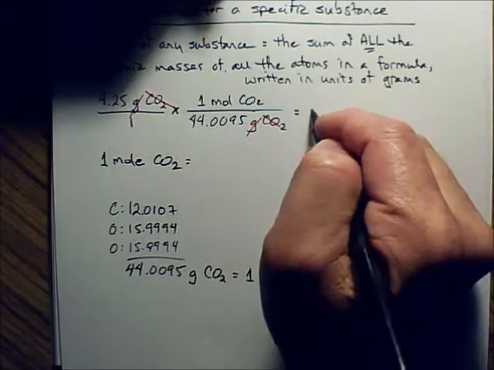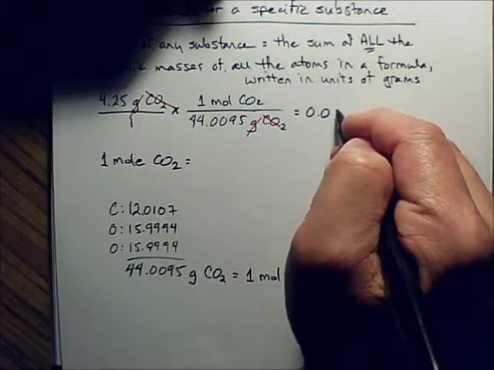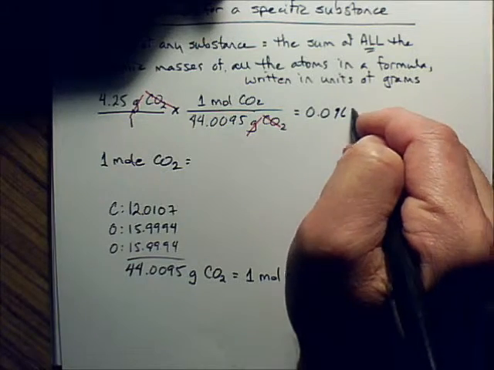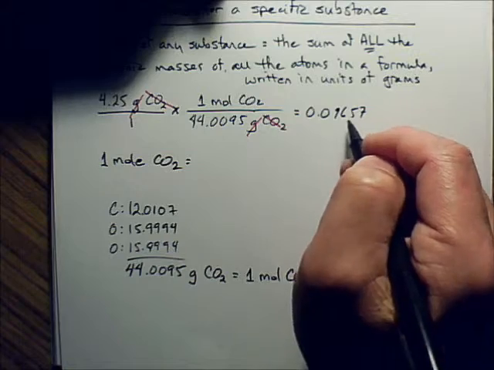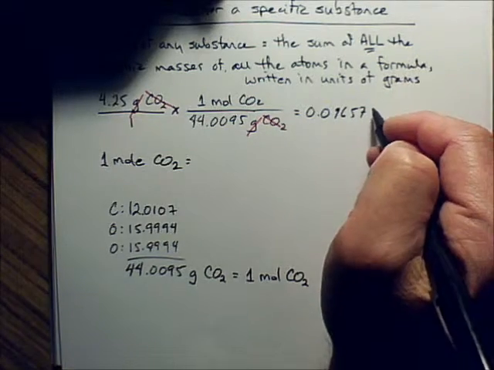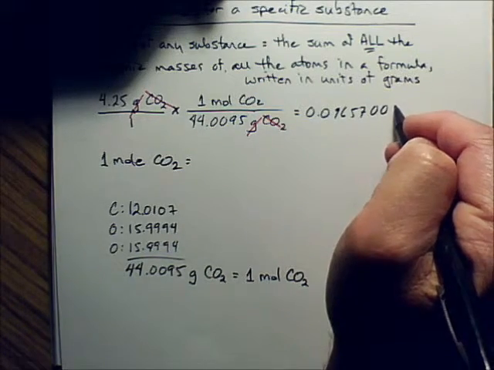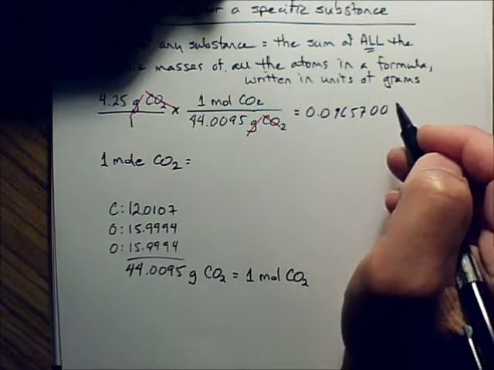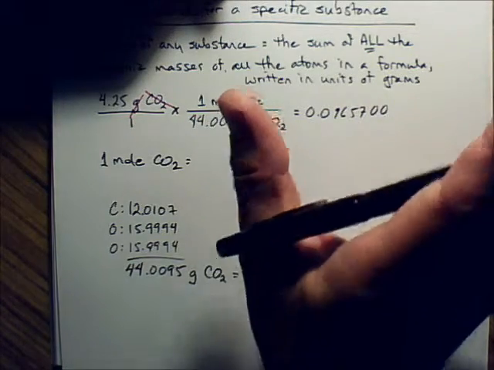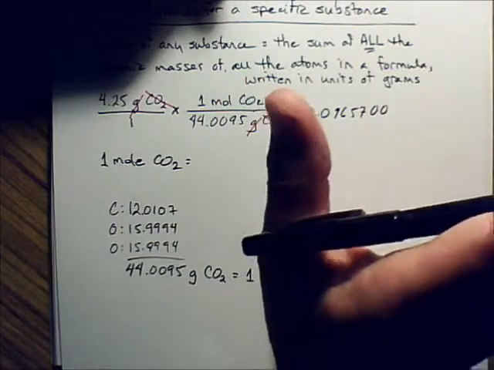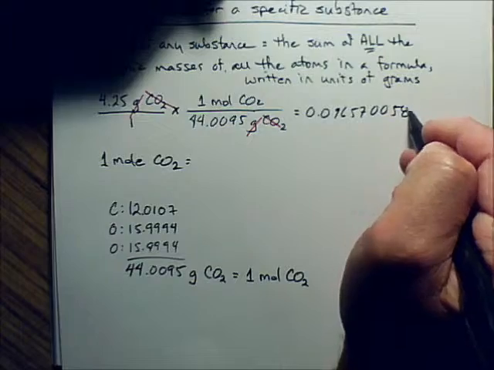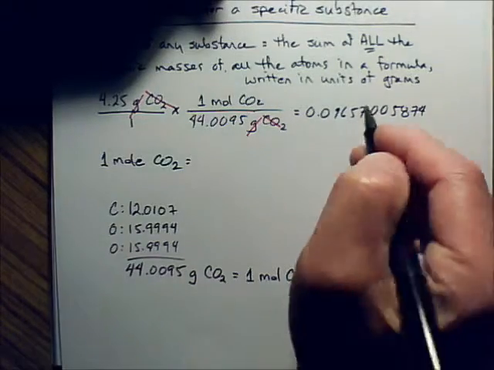All right, Reese, what'd you get again? 0.0? Is that right? 95? Whoa, slow down. 9657. Can we just wait till I finish writing it down? 005874.